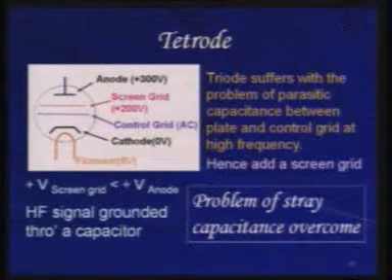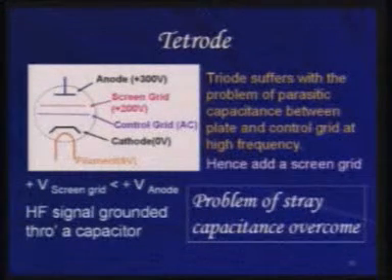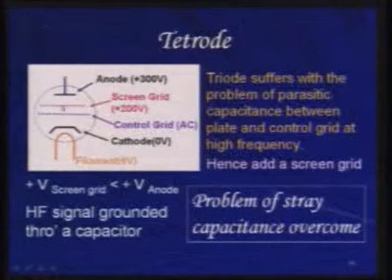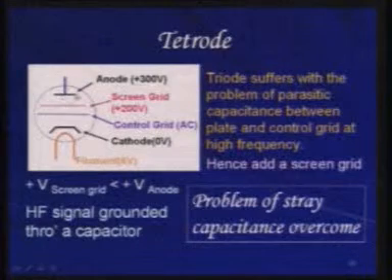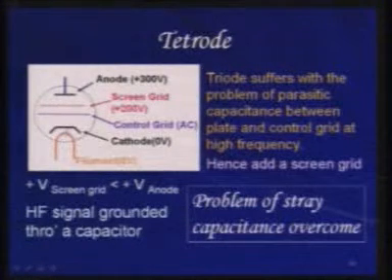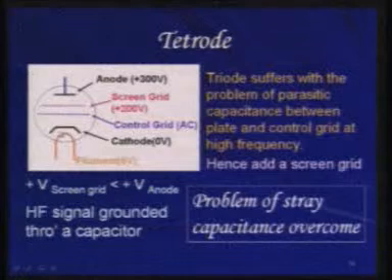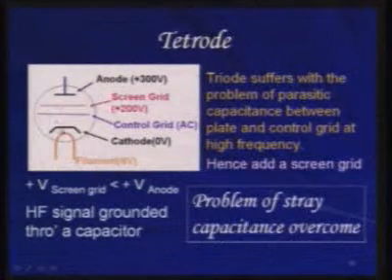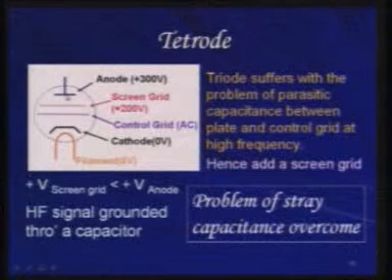Okay. Now in this tetrode there is another problem. In case you have a positive potential here and a positive potential here, the electrons which come from the cathode, due to this high voltage here, get accelerated and hit the anode.